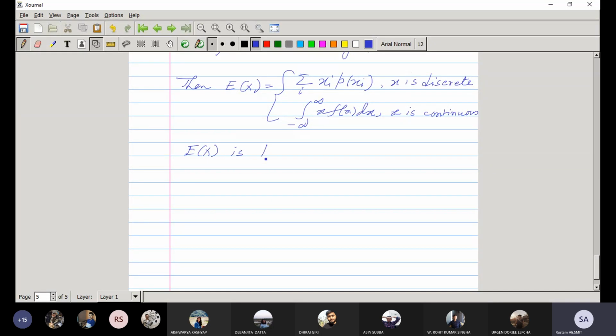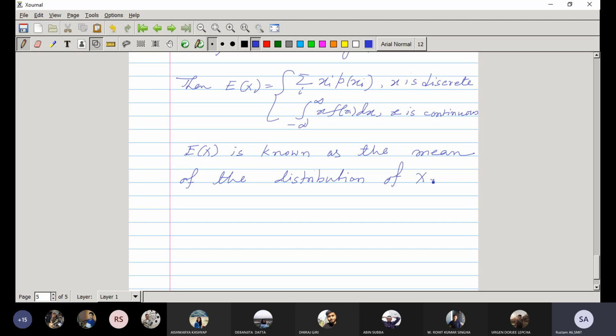Okay, so this expectation of x is known as the mean of the distribution of x, or sometimes the average value of the distribution. So what is the significance of this mean? The mean indicates the point where the probability mass is more concentrated.